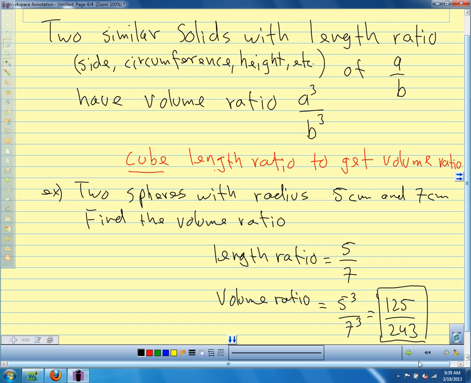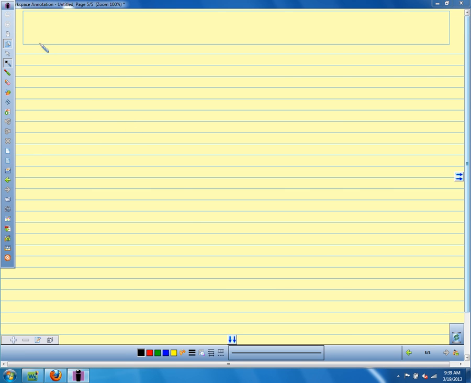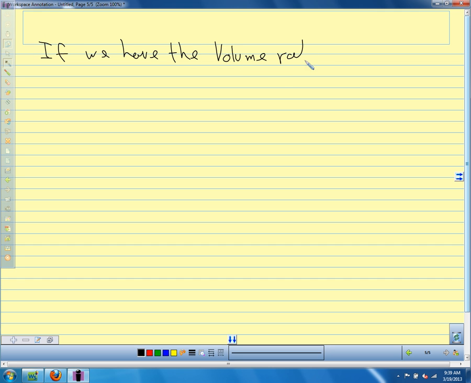So questions on that example? Go from length ratio to volume ratio, we cube. So what if we're given the volume ratio and we want the length ratio? What if we're going the other direction? Cube root. If we have the volume ratio, yes.